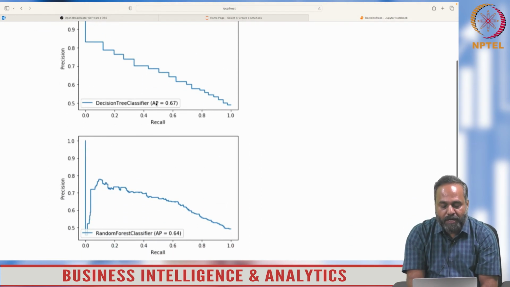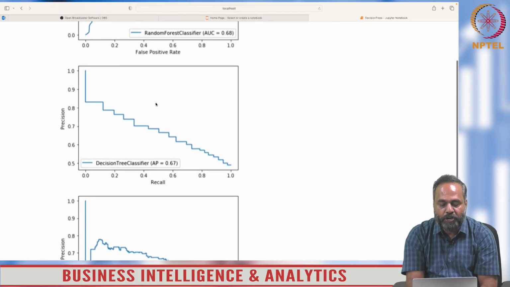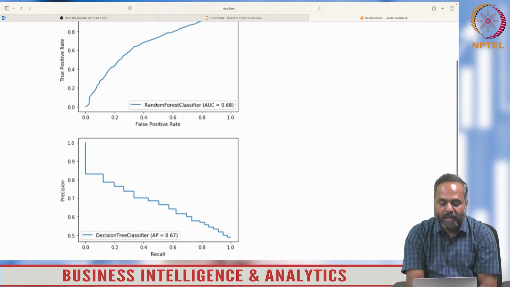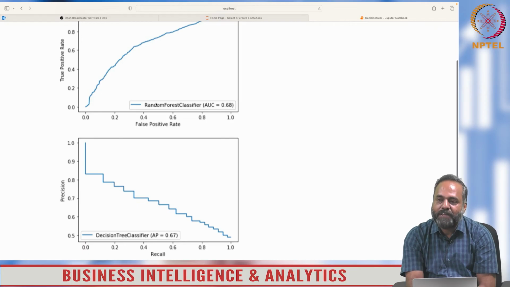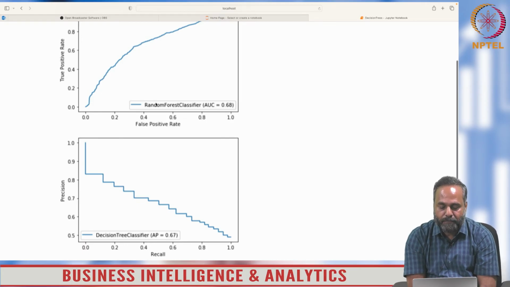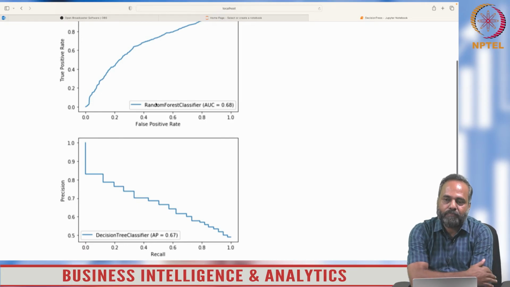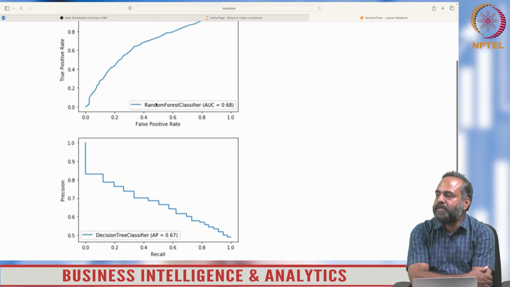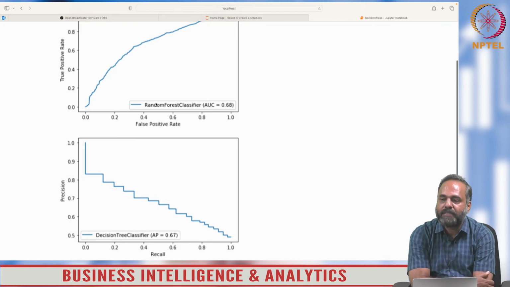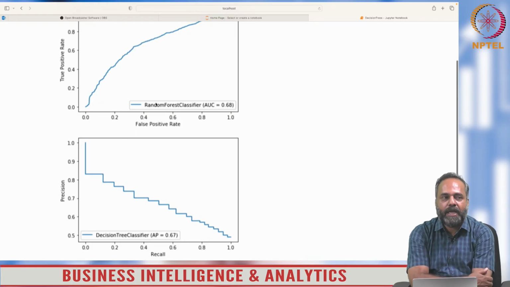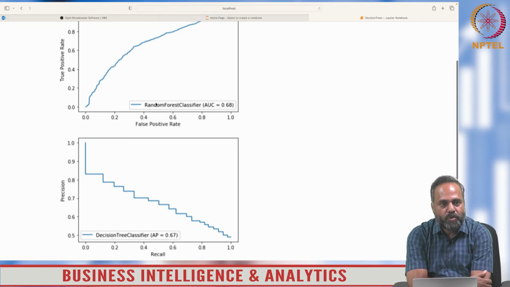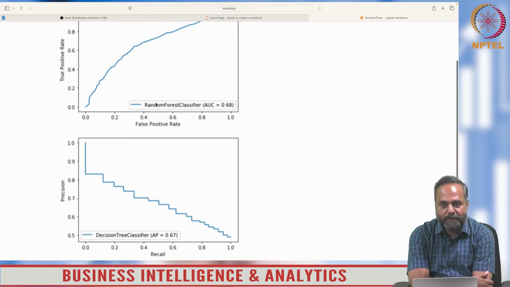Now here is the PR curve, the precision recall curve. The precision recall curve gives you another sense. Precision is nothing but sensitivity, and recall is true positive divided by true positive plus false positive.